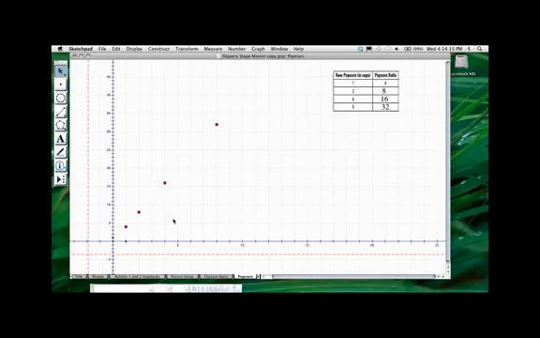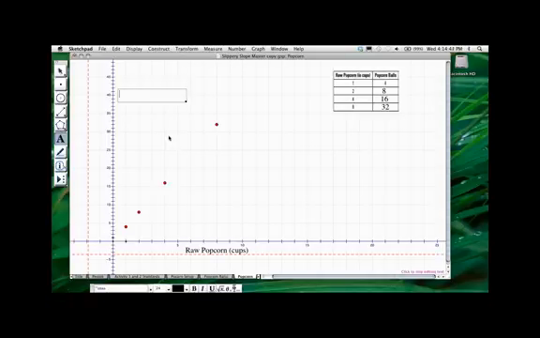Now, if I'm graphing as part of a contextual problem, I want to make sure that students think about what they're graphing, and so I would ask them to label the axes, and we can use the text tool to do that in Sketchpad. So I'm going to make a text box, and for my x-axis, I'm going to say raw popcorn, and for my y-axis, unfortunately, I can't make my text go vertical.